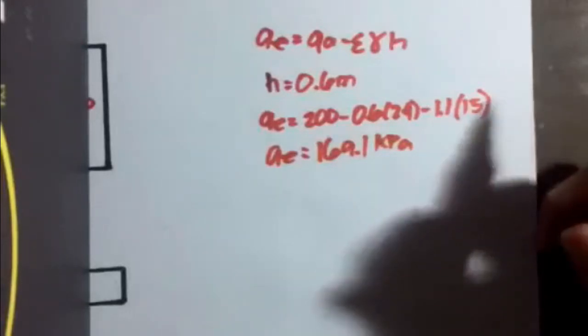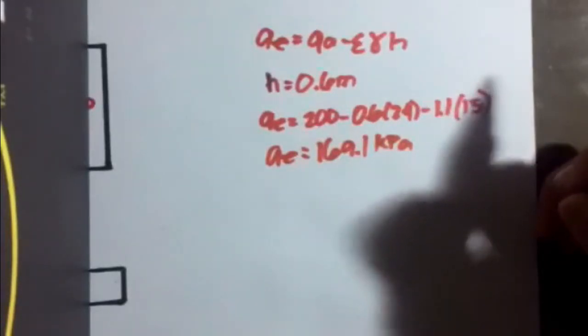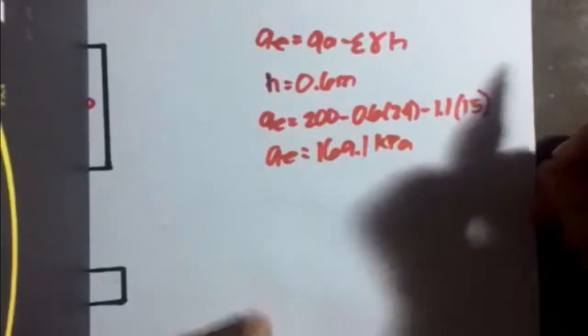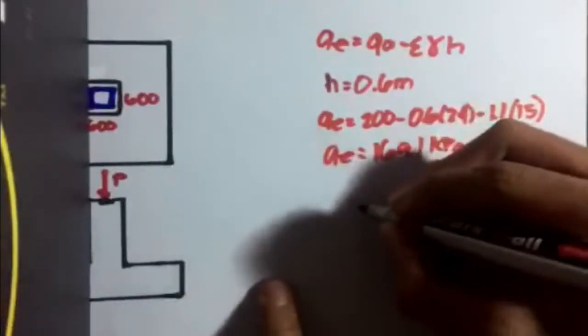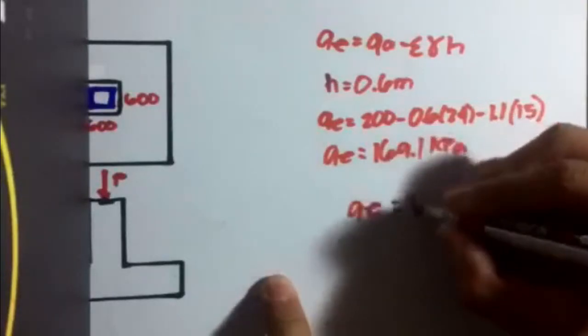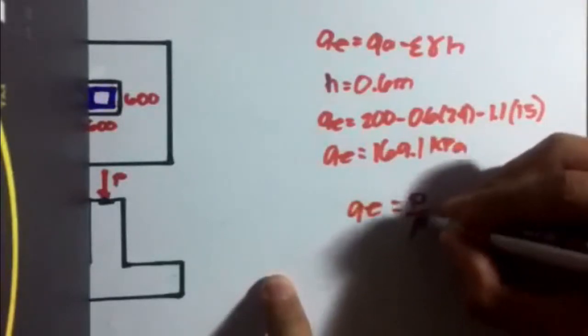After that, we have to get the dimensions of the footing itself. There aren't any given dimensions because we are going to design for it. So we use the QE equals P over A formula.